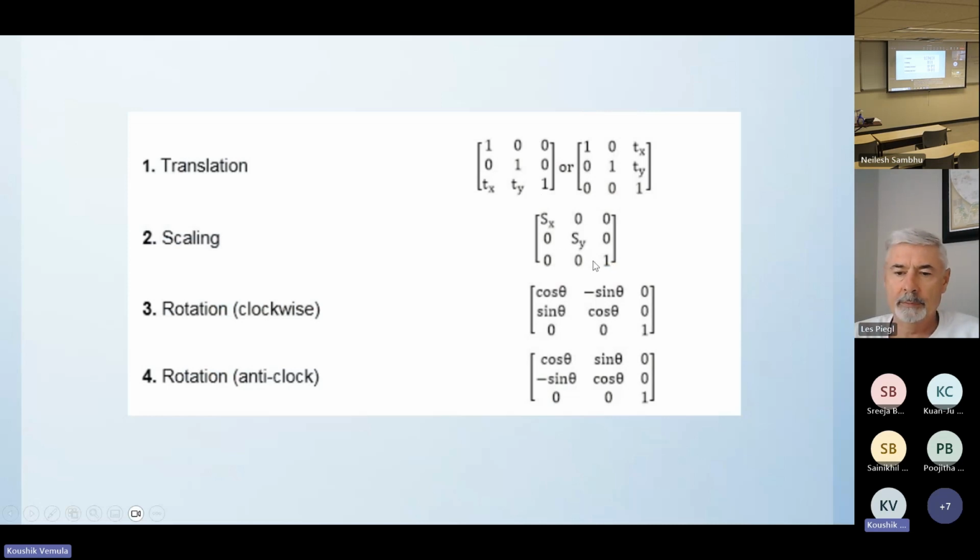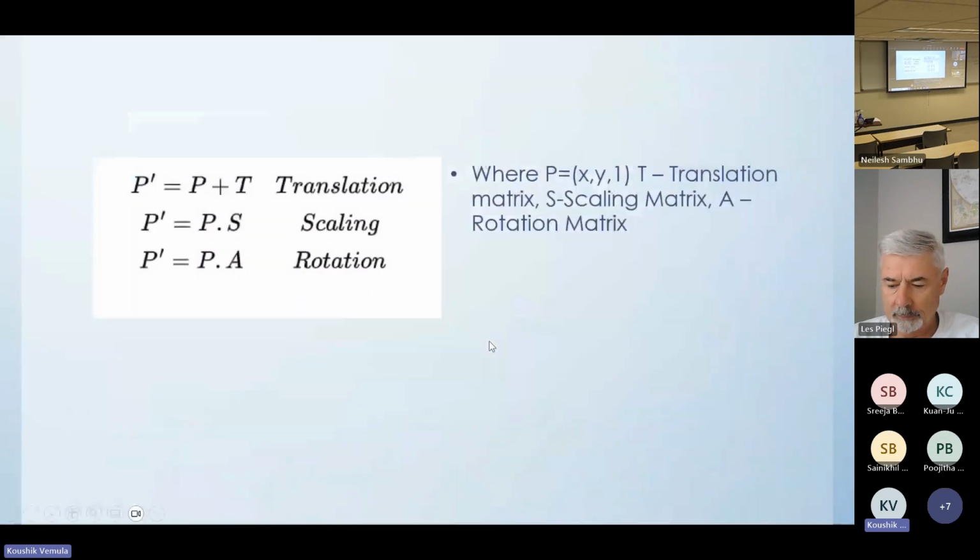We will be adding a third row and column with one added at the last of the diagonal matrix. For the rotation also it is similar. The operations which we will be performing for translation, scaling, and rotation remain the same. We will be performing addition for translation, and multiplication for both scaling and rotation.